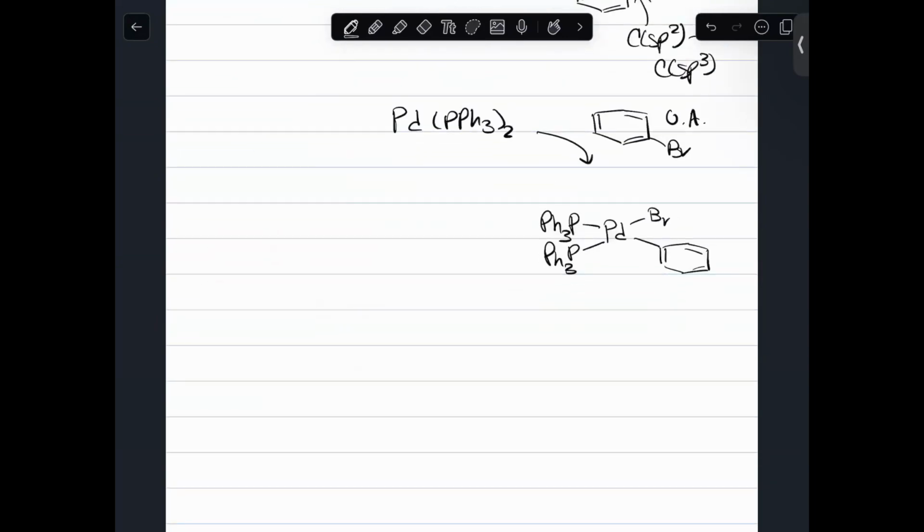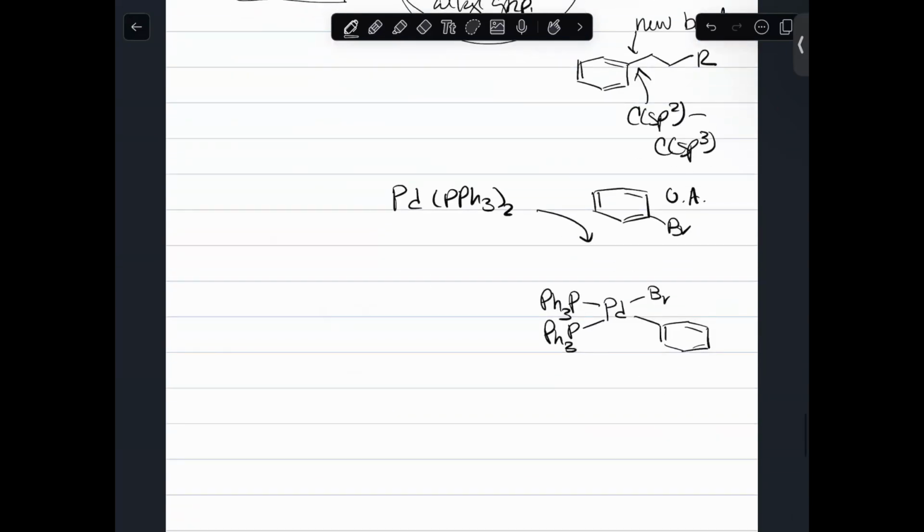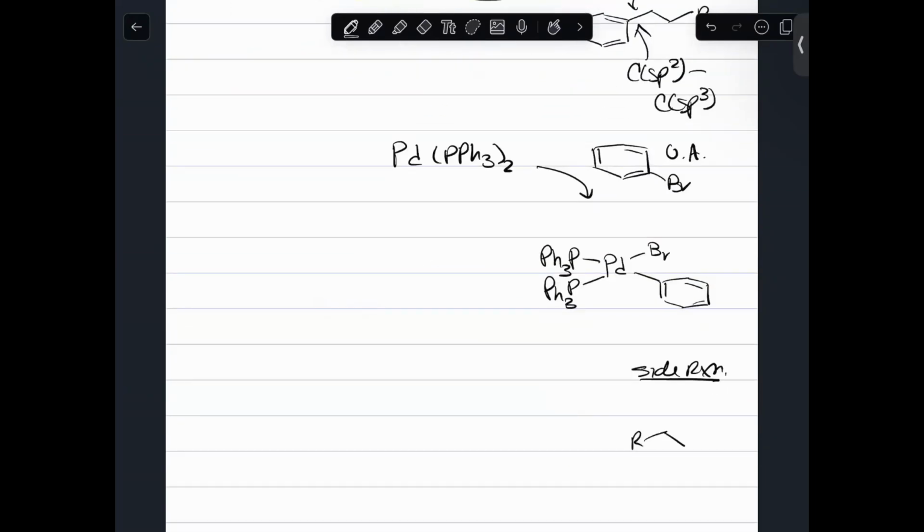Just like before, I've got my alkyl borane group that can't do transmetallation. I need to set it up and activate it. And so I have my side reaction going on. Treat it with sodium hydroxide. And now it's activated.